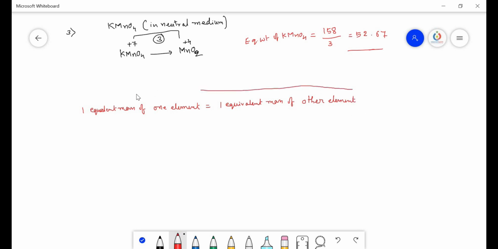This is one of the important generalizations in the equivalent mass concept.